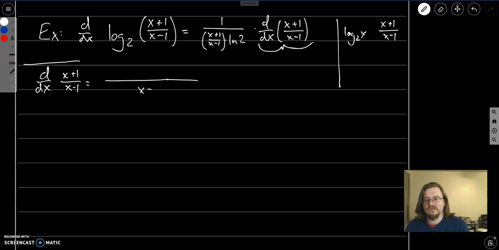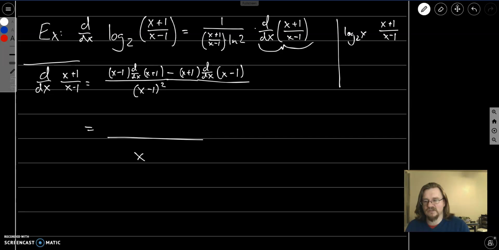We'll take the bottom squared, and then we'll take the bottom times the derivative of the top minus the top times the derivative of the bottom. And here we'll see that this will simplify down quite nicely. Maybe we'll make this a bigger fraction, x minus 1 squared on bottom.